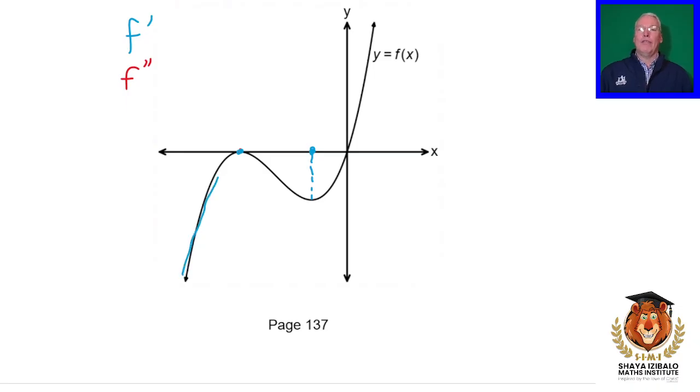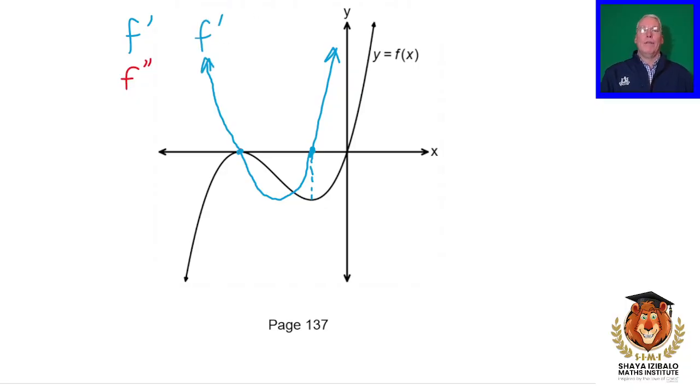So our parabola must actually be above the axis at this point. Between here and here, this line has got a negative gradient, so our parabola is now below the axis. At this point, the gradient is 0, and then it goes positive. So that graph there is f dashed.